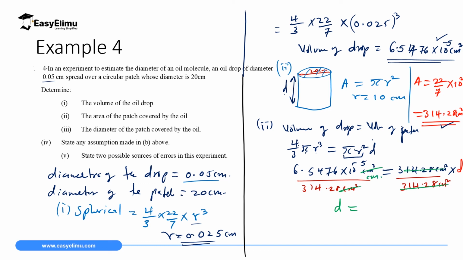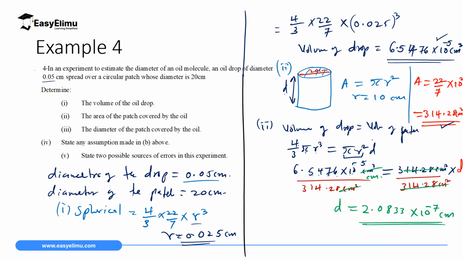If you solve this, 6.5476 times 10 raised to power -5 divided by 314.28, it is going to give you 2.0833 times 10 raised to power -7 centimeter. So this will be the thickness or the diameter of the oil patch, or the diameter of the molecule.